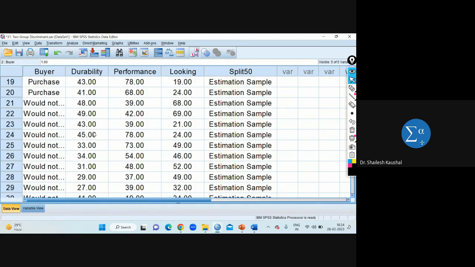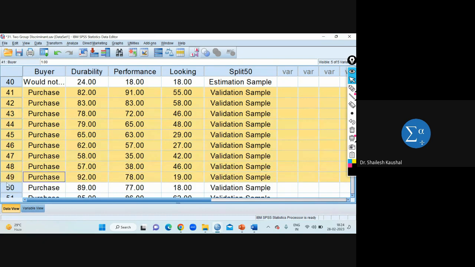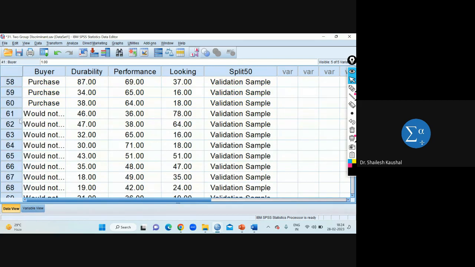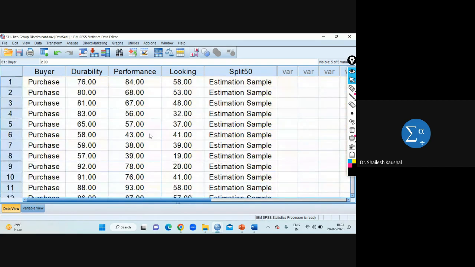Same in the validation sample: we took 40 people, and out of the 40, 20 people will buy the product and 20 people would not buy the product. Okay, this is my data set.